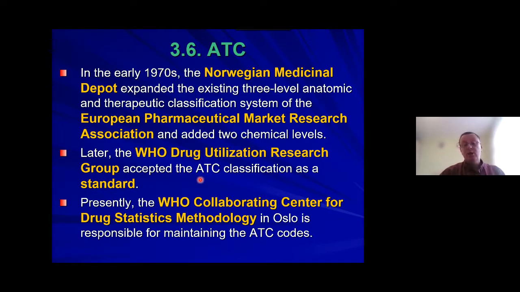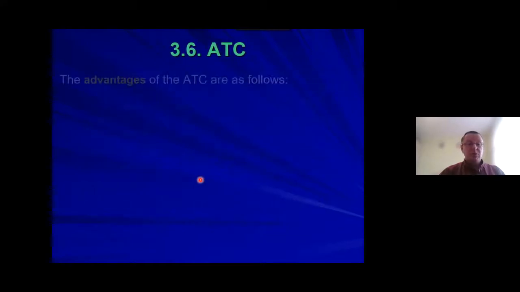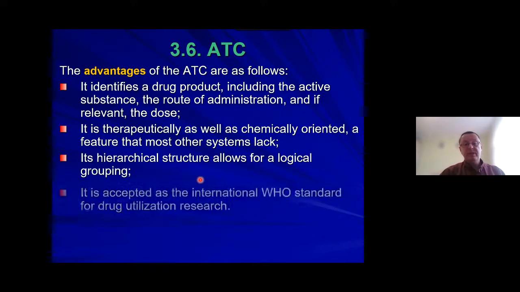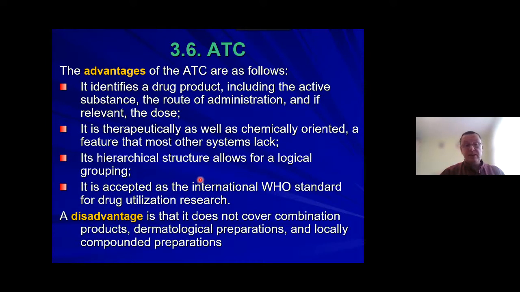maintaining ATC codes. So, the advantage of ATC is that it identifies the drug product, including active substance, route of administration, dosage. It's therapeutically as well as chemically oriented, which most other systems are not, and the hierarchical structure allows for logical grouping, and also it's stable as a national standard.